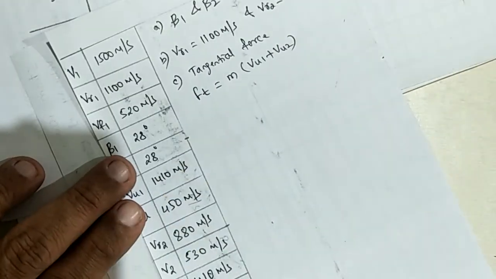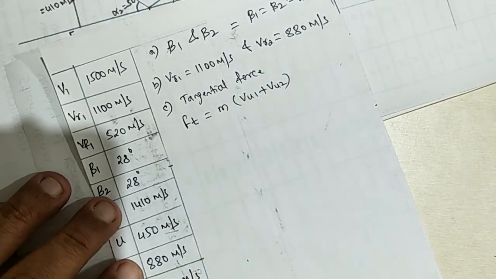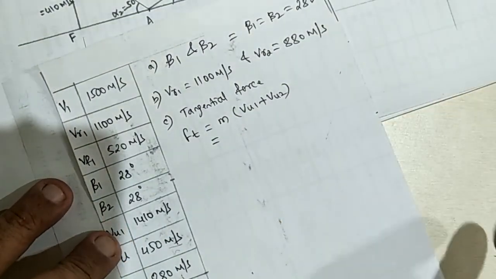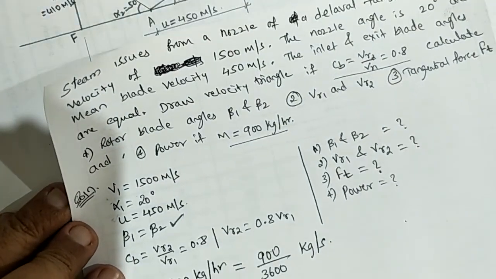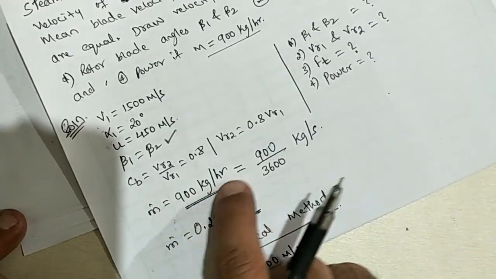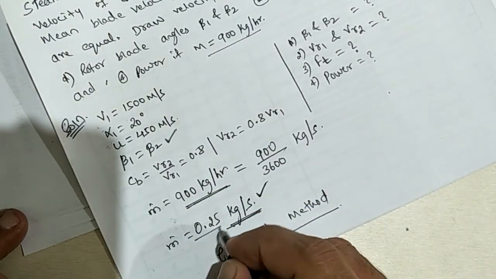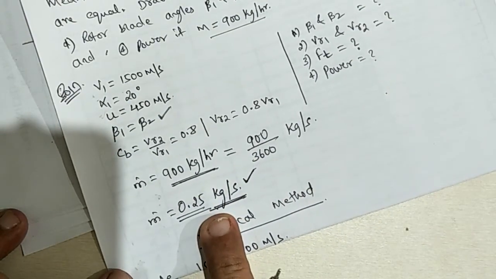This is the equation required to calculate tangential force. Just substitute the values over here. The mass flow rate is given in the problem statement as 900 kg per hour, but it has to be converted into kg per second. So mass flow rate is 0.25 kg per second. This value has to be taken, right?